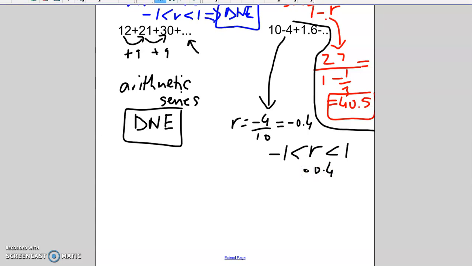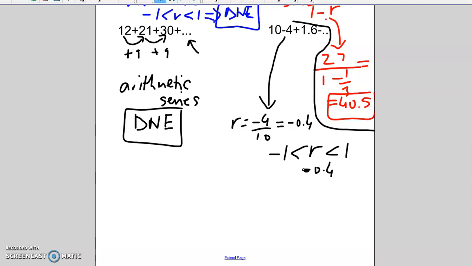The other thing to think about is that some students see a fraction and think it's going to converge. No, you've got to check that fraction and see: is it less than 1? Is it greater than -1?